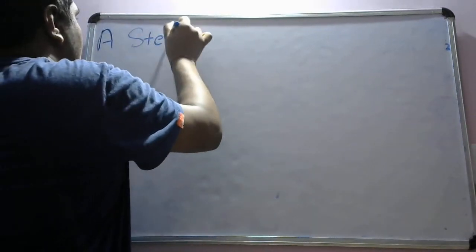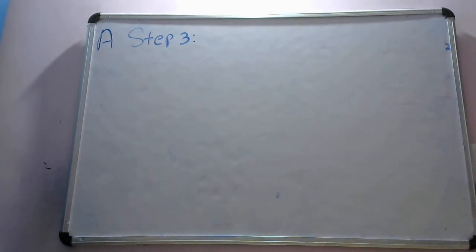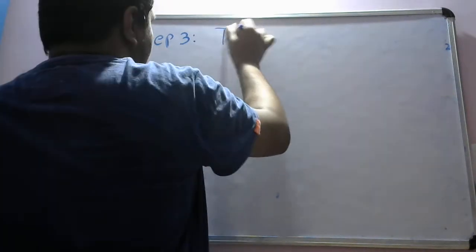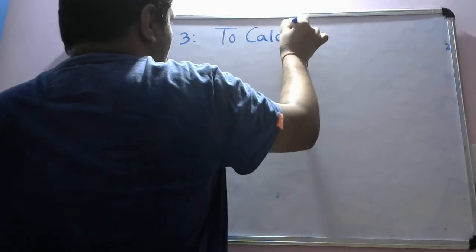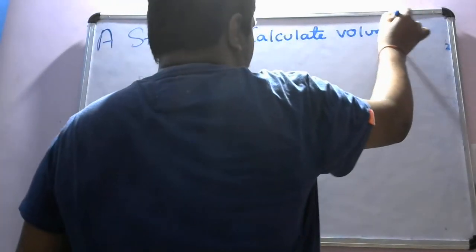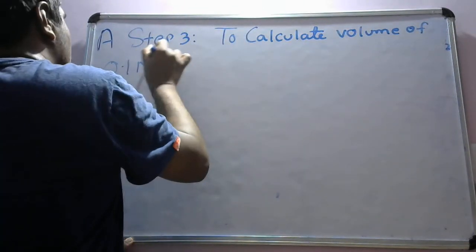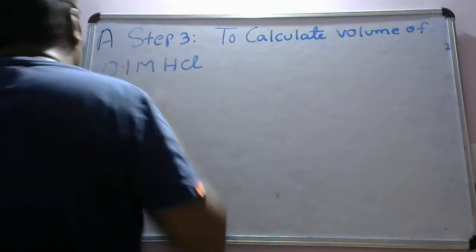Step 3, to calculate volume of 0.1 molar HCl.